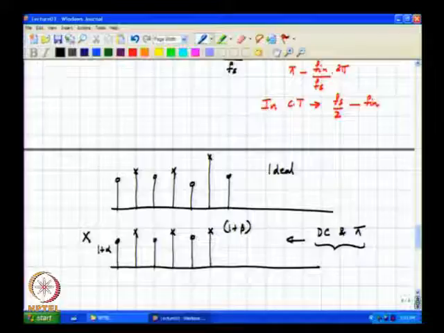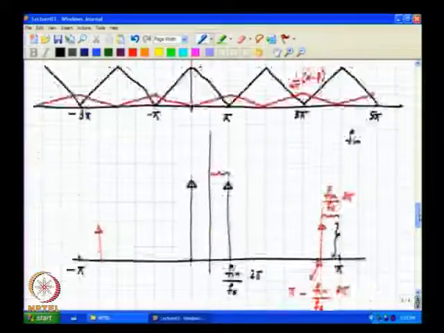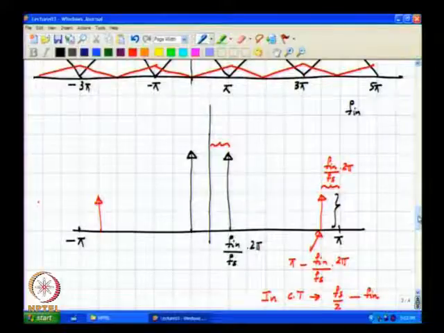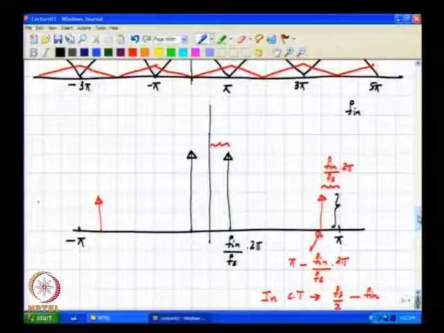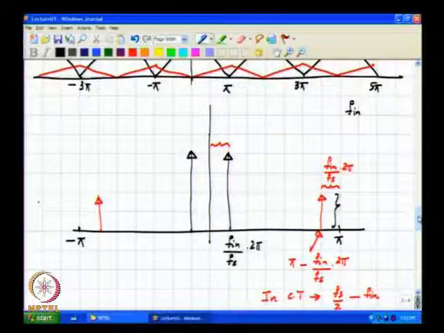You will see sum and difference of a tone. The tone at pi will beat with the input tone and give you the sum and difference. You understand? That is why it makes sense that we see the original spectrum plus some components at pi minus f in by Fs times 2 pi.